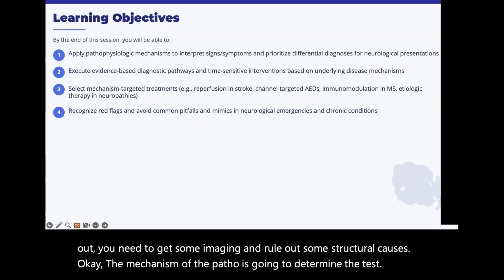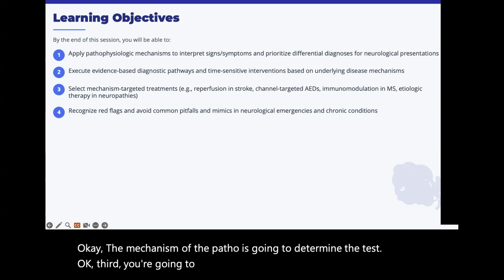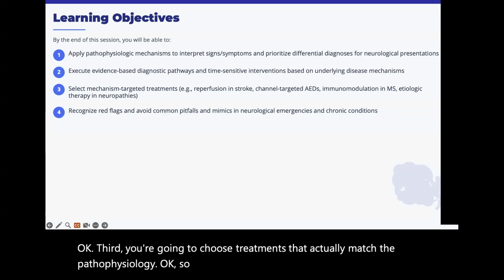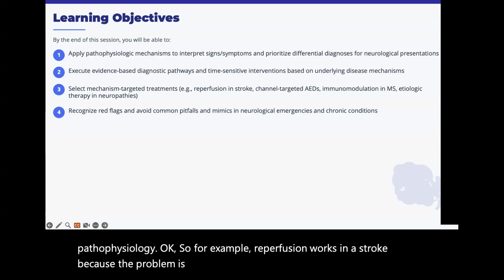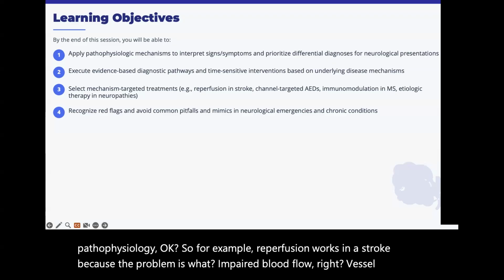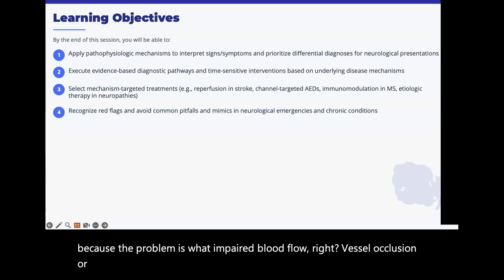Third, you're going to choose treatments that actually match the pathophysiology. For example, reperfusion works in a stroke because the problem is what? Impaired blood flow, right? A vessel occlusion or a bleed before the destination of perfusion. That's going to be important to figure out.